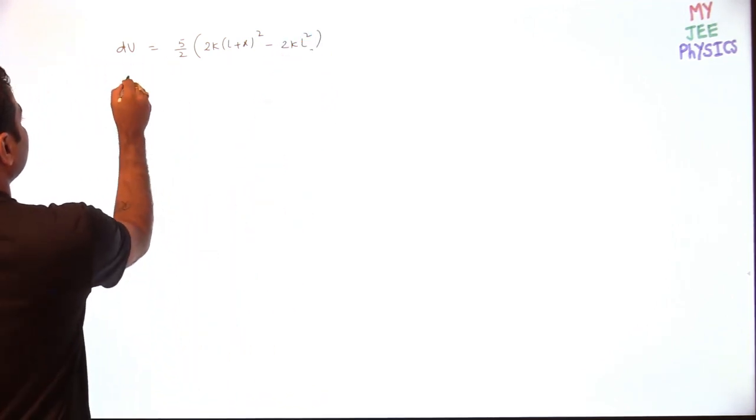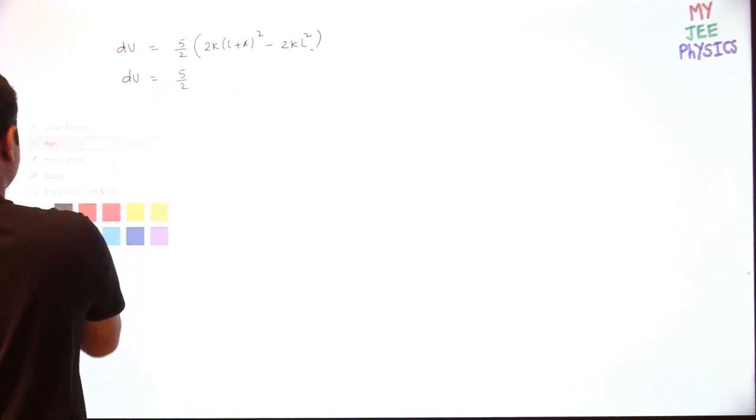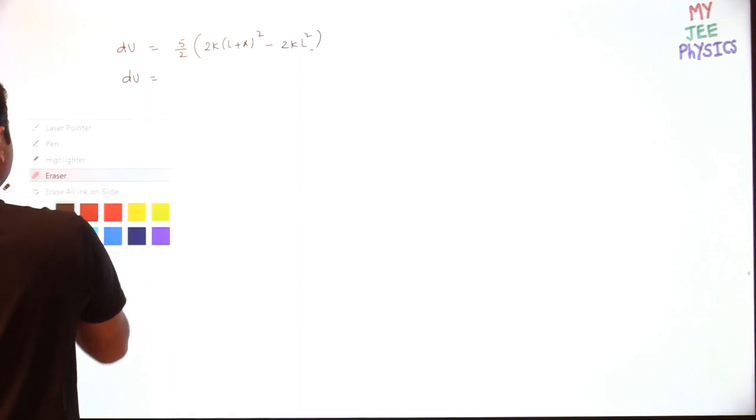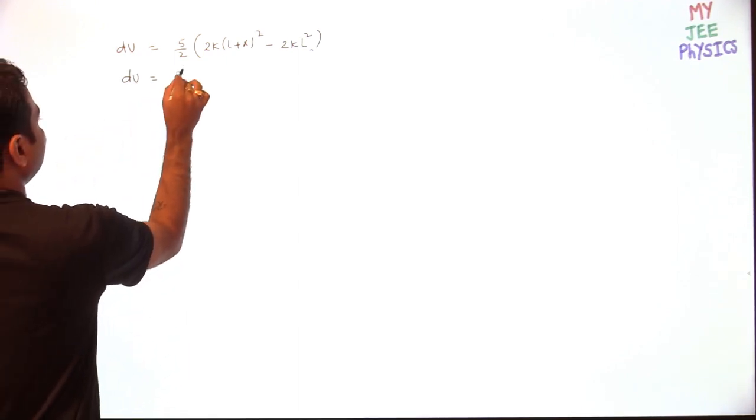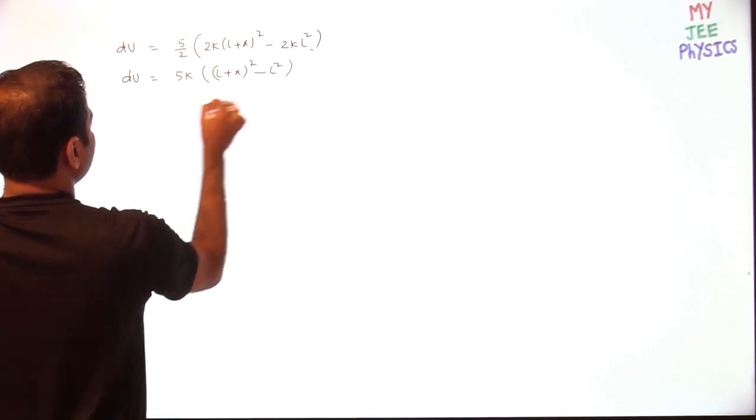Then the du value: 5 by 2 will come out, and 2 also will cancel out. So 5 into K into (L plus x) whole square minus L square.